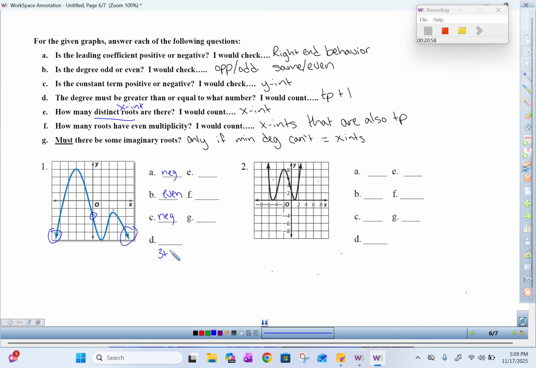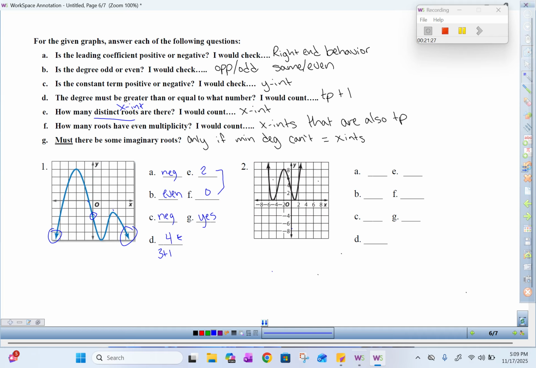So 3 plus 1 gives me 4, and that matches the even end behavior. How many distinct x-intercepts are there? 1, 2. None of those have even multiplicity. So would there have to be imaginary roots? That's where we're comparing the x-intercepts together with this to decide, did I actually equal 4? Yes, there would have to be, because I only have 2, and there should be 4. So 2 x-intercepts, 4 total zeros, 2 of them must be imaginary.